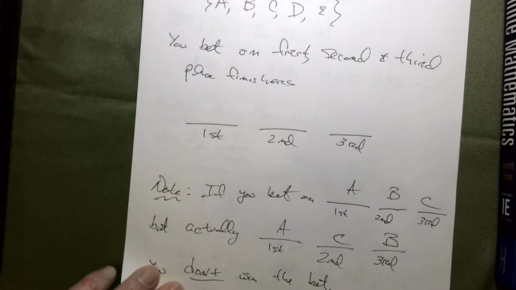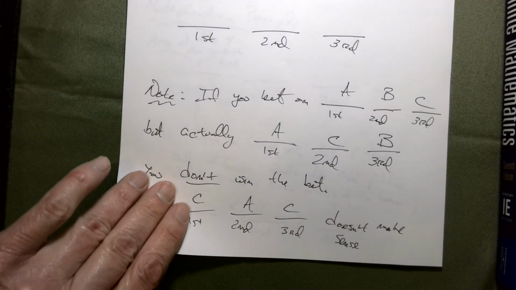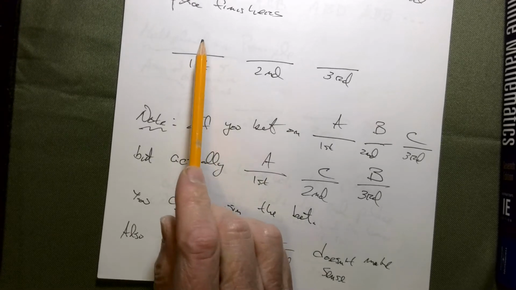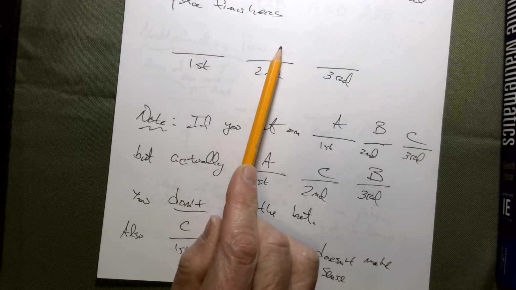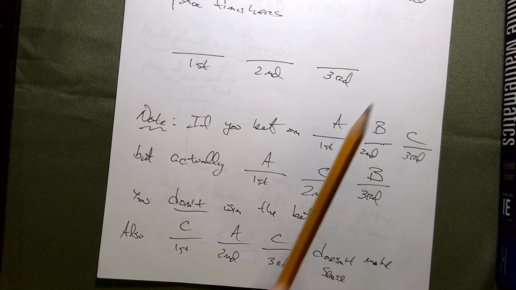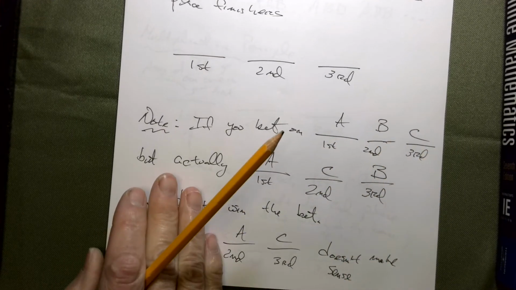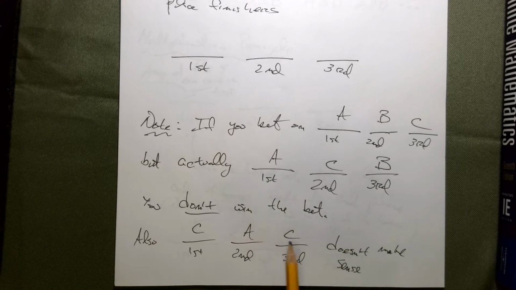So in other words, you have to guess in the correct order who the first place finisher is going to be, who the second place, and who the third place. Suppose you bet on A, B, and C, but actually what comes in is A, C, and B. You do not win the bet because ACB is not the same as ABC.